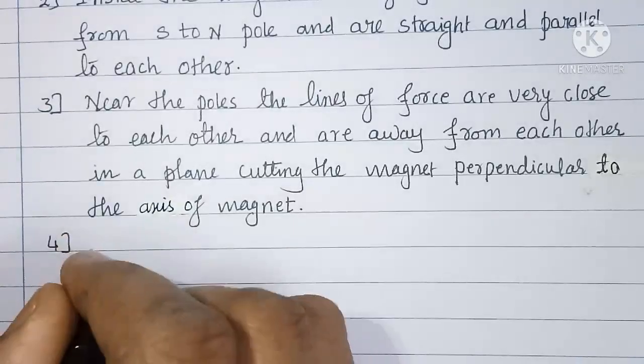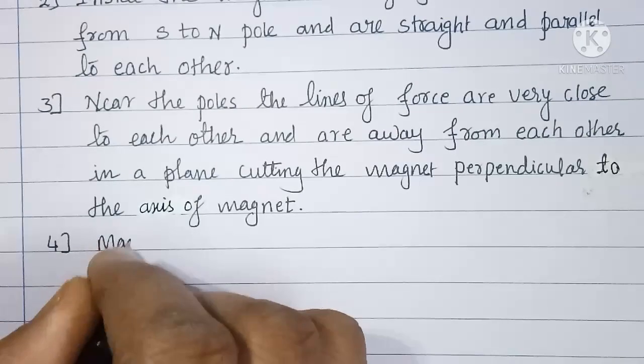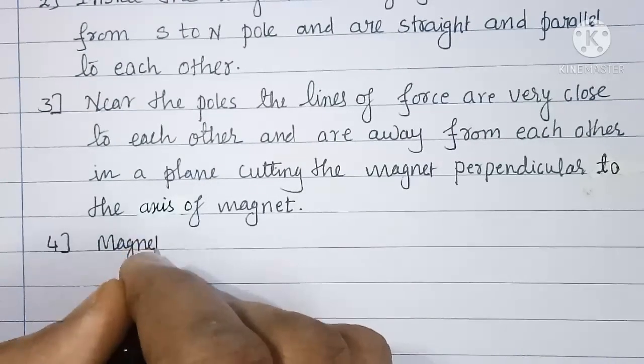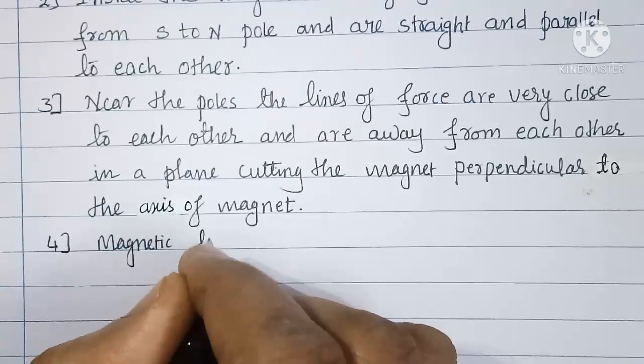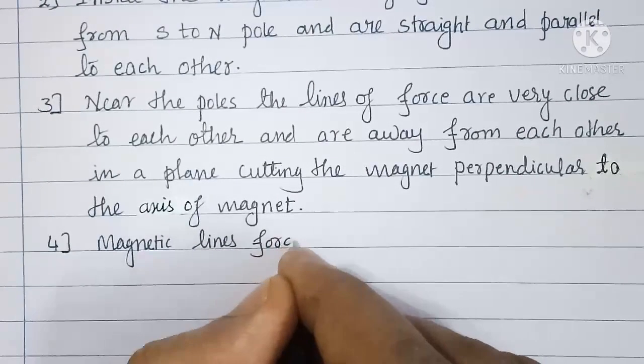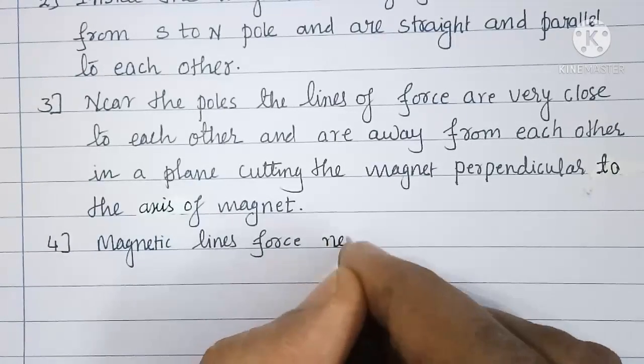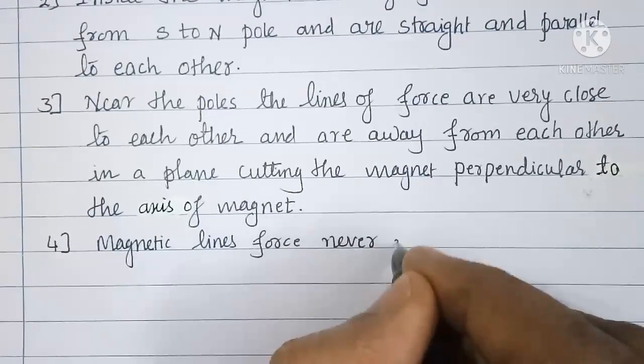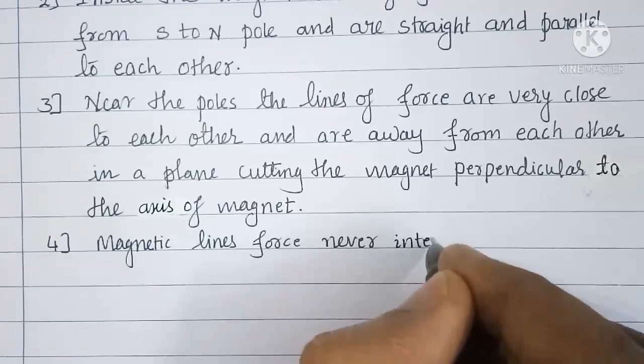Fourth one, magnetic lines of force never intersect.